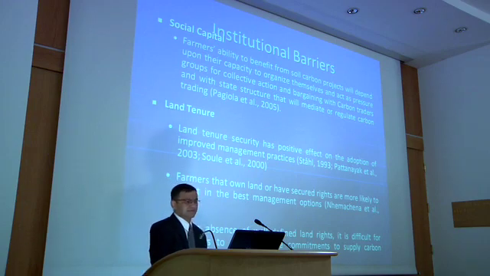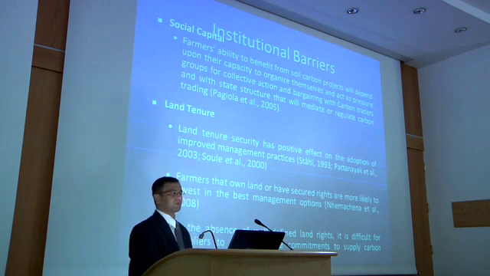Another thing is, in the absence of well-defined rights, it's difficult for suppliers to make a credible commitment to supply carbon offsets. So that's another reason why the land tenure issue must be resolved if the real potential from the agricultural sector is to be realized.